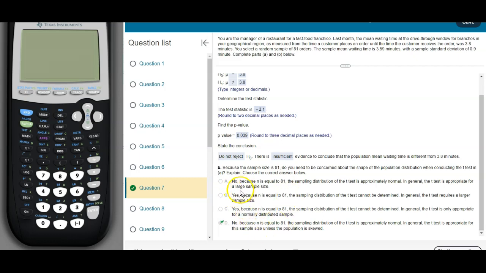So we should choose no as an answer, and there is an exemption here, unless the population is skewed, all right, which is not the case, but anyway, so this is going to be D as the final answer.